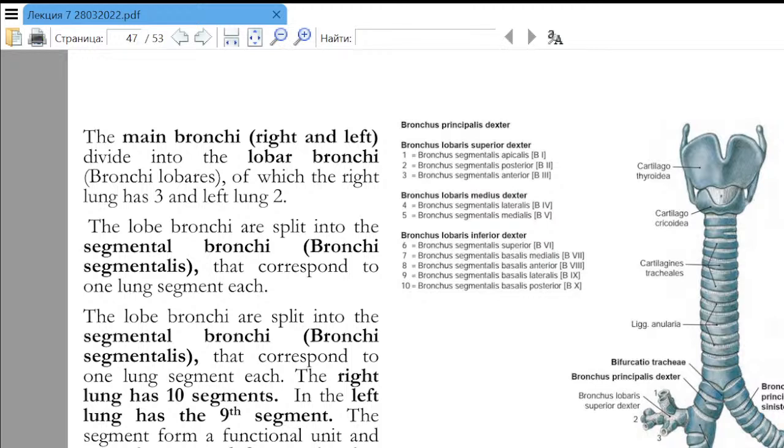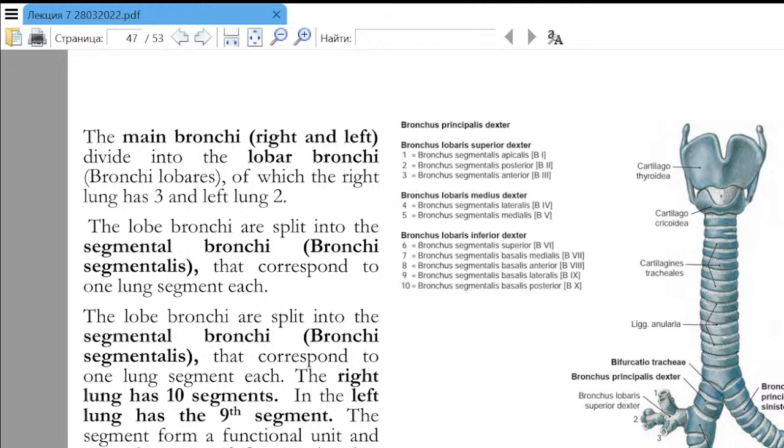This lobe includes 3 segments. Next, bronchus lobaris dexter medius forms bronchus segmentalis lateralis and bronchus segmentalis medialis. Bronchus lobaris inferior dexter forms 1, 2, 3, 4, 5, 6 bronchus segmentalis.